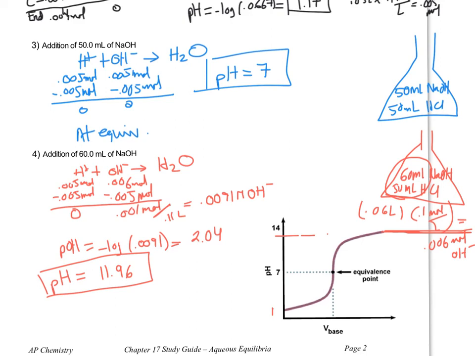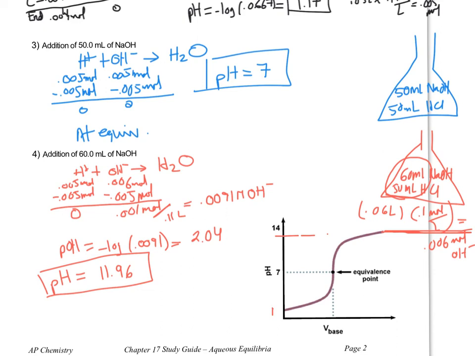Well, if you think about it, let's say I keep adding and adding and adding. Let's say I have the 50 mils of HCl and I've added like 100,000 gallons of NaOH. So it's really almost just all NaOH, very, very tiny amount of acid. What would the pH be? Well, the pH would be the pH of just my NaOH solution, right?